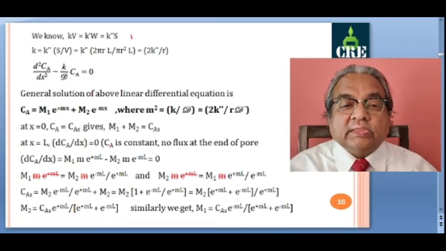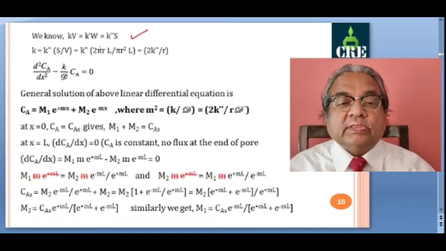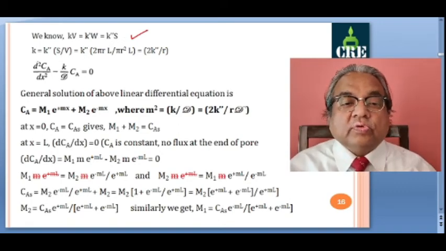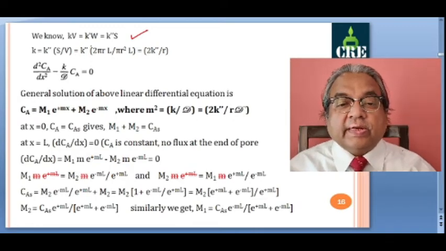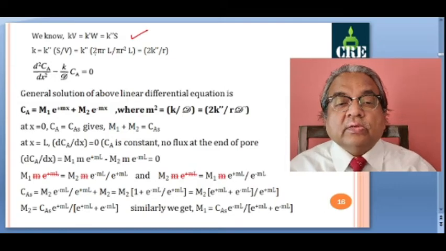We have seen this relationship, k into V is equal to k dash into W into k double dash into S. So k is equal to k double dash S by V. I can write this as k double dash, S is the surface area 2 pi r l, V is pi r square into l for this case. So pi l will cancel out and we get 2 by r.